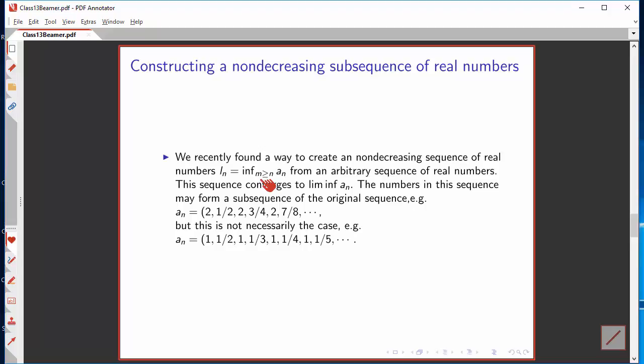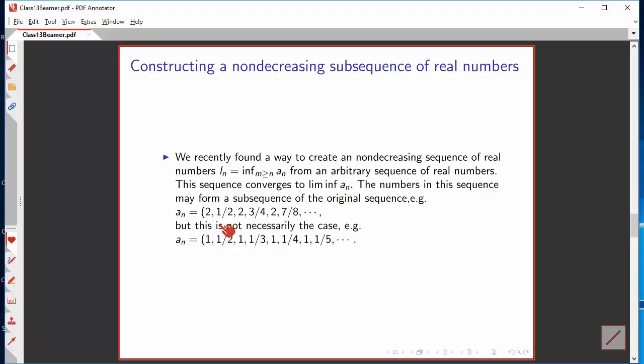Think of that as the worst payoff you can ever get. This quantity can never get smaller, so it forms a non-decreasing sequence of real numbers. Non-decreasing because it could, in principle, stay constant. It doesn't actually have to increase. And what this converges to is, by definition, the lim inf of the sequence.